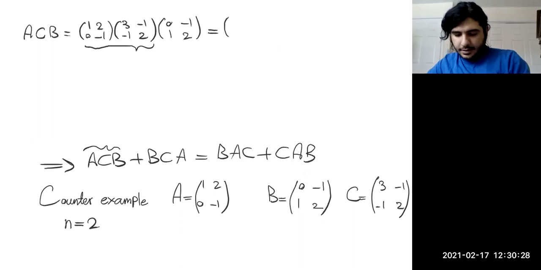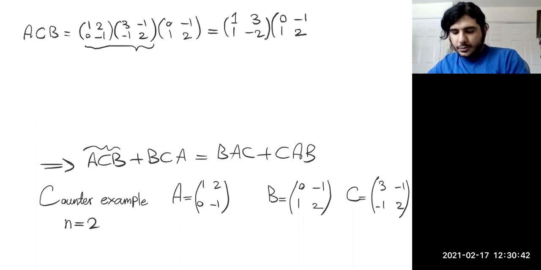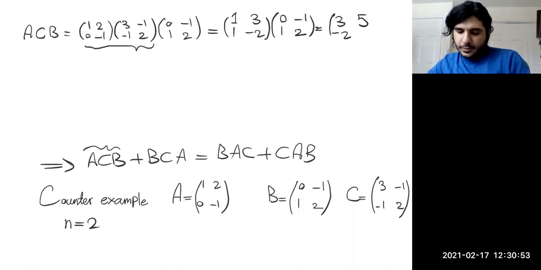The result is 3 minus 2, which is 1, minus 1 plus 4, which is 3, 1, and minus 2. Then I compute the multiplication with 0, minus 1, 1, 2, which is 3, minus 1 plus 6, which is 5, minus 2, and minus 1, minus 4, negative 5.